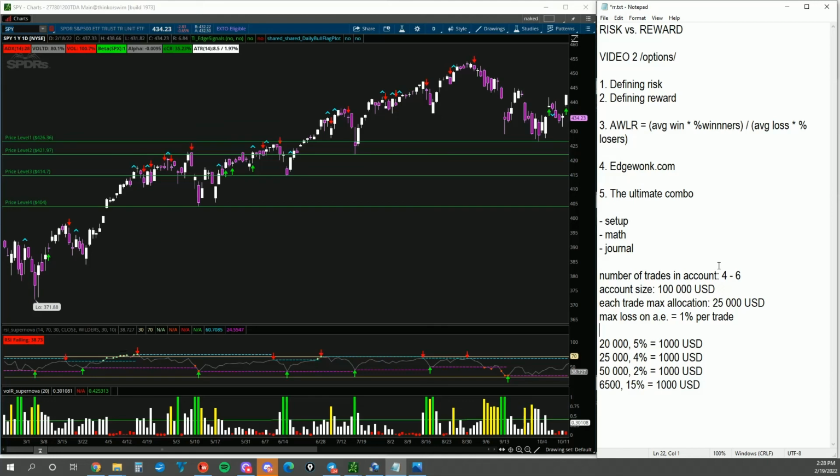Now you can exit an option spread or an options position prior to expiration at a profit or a loss. Some traders are doing that. Some traders on the breakout here will just buy the call and place a stop loss if the price of the underlying, which is the S&P 500 in this case, goes below this stop. You can do that. There's nothing wrong with it.